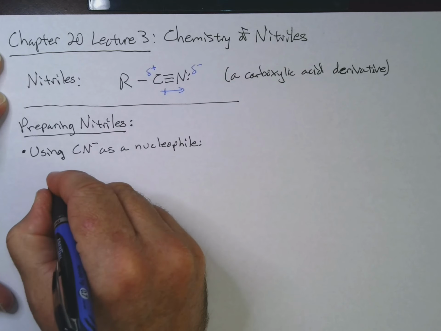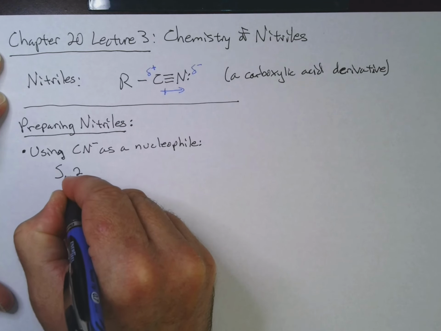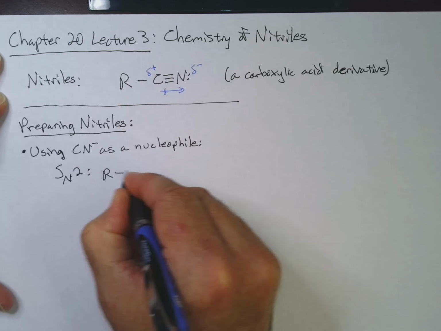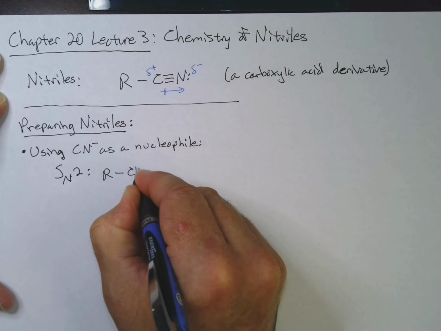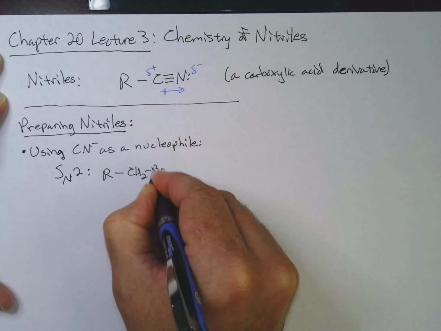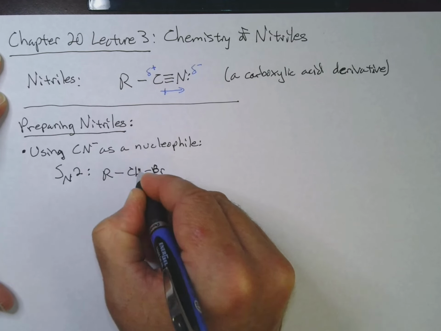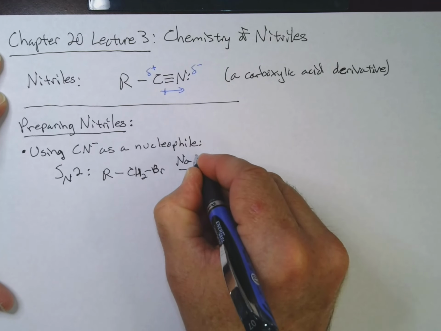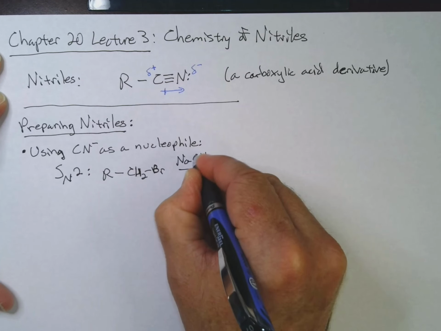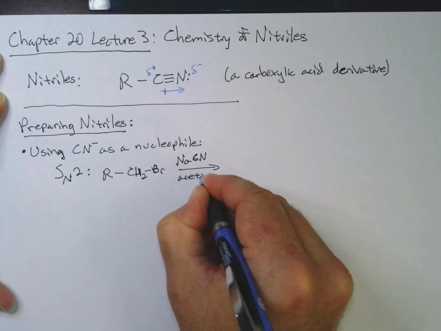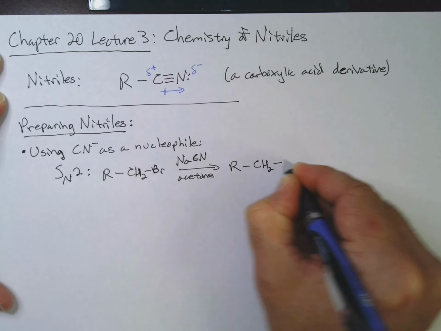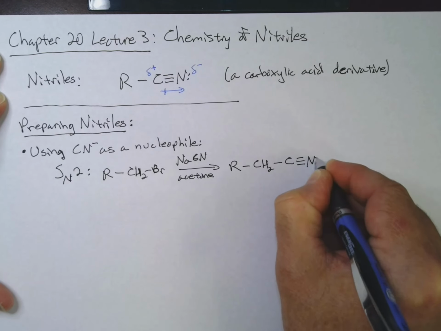Last semester we saw using cyanide in an SN2 reaction. So let's say we had R CH2Br, a primary alkyl halide. Maybe it'll work with secondary. We can treat this with NaCN in acetone, and we'll get R CH2C triple bond N.